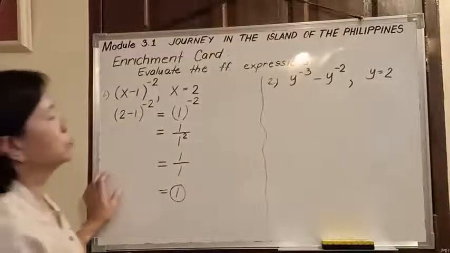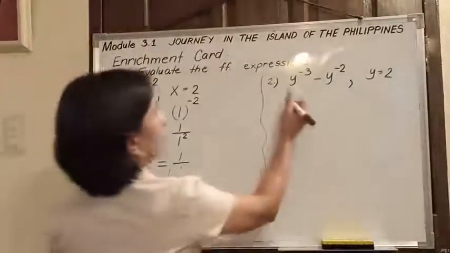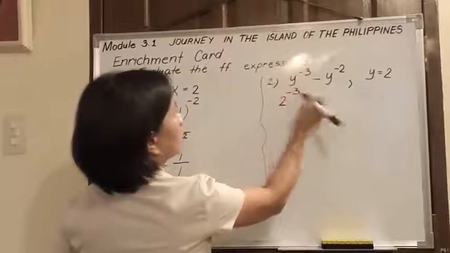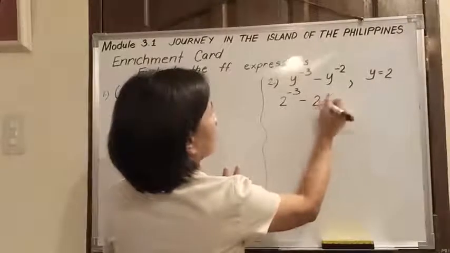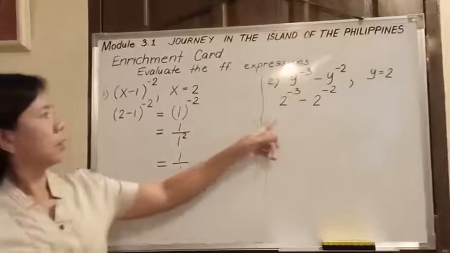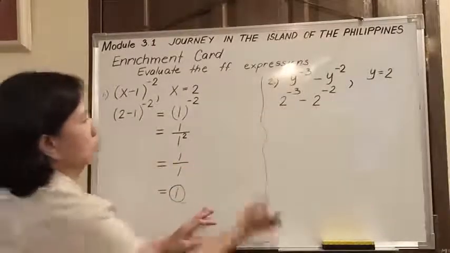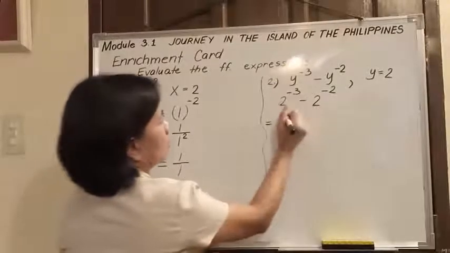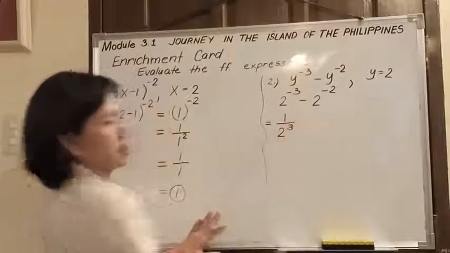Next, number 2. Y is positive 2. Therefore, we have positive 2 raised to negative 3 minus positive 2 raised to negative 2. Okay. Let us express these two with positive exponents. We have now 2 raised to negative 3 is equivalent to 1 over 2 raised to positive 3.